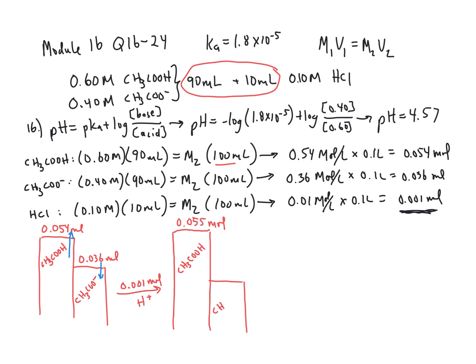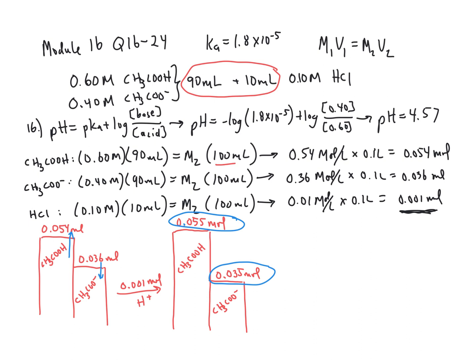And for the acetate, 0.035 moles. So after the reaction, for questions 22 and 23, moles of acetic acid after the reaction, 0.055, and moles of acetate after the reaction, 0.035.